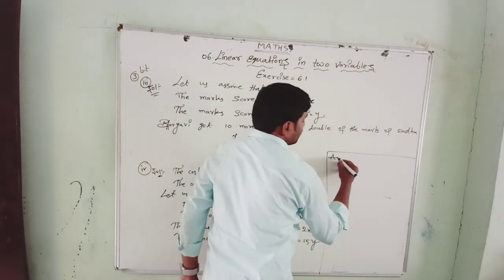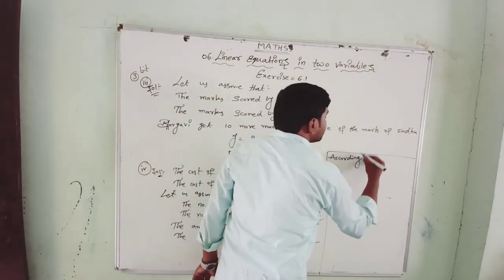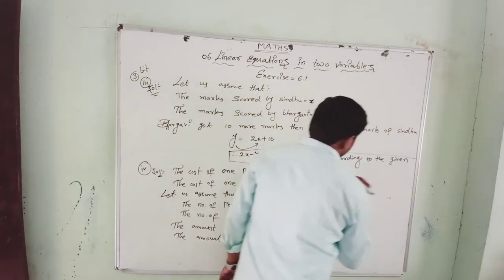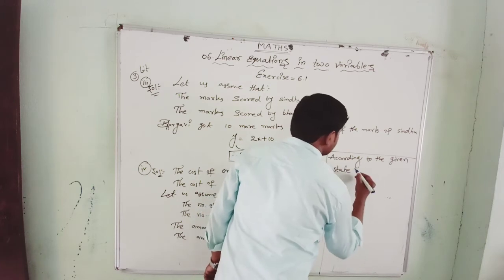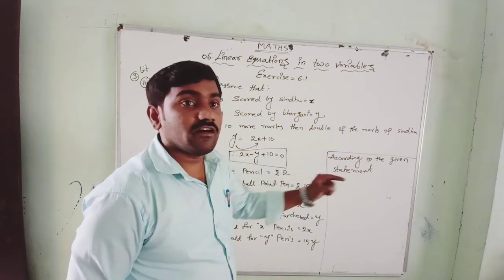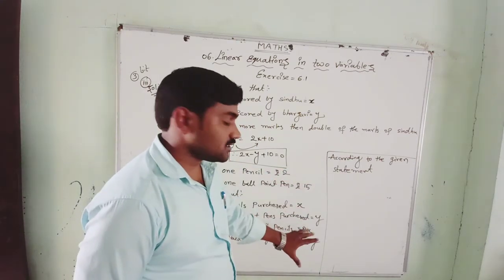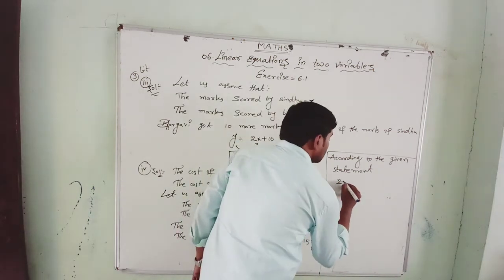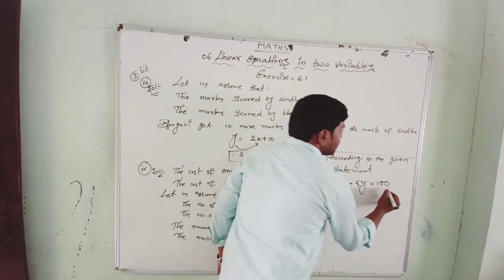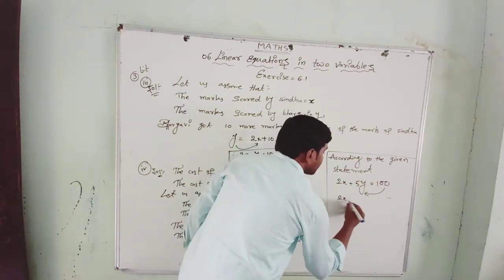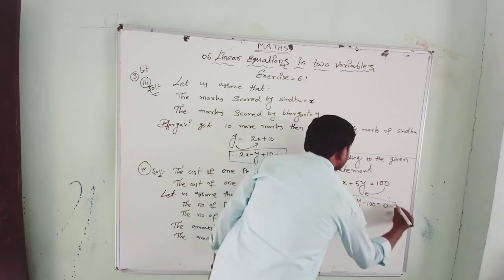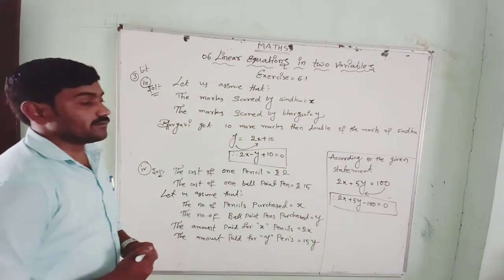According to the given statement, she paid 100 rupees for purchasing x pencils and y pens. That means she has paid 2x rupees for pencils, 15y rupees for pens, total 100 rupees she paid. So 100 you bring to this side, that becomes 2x plus 15y minus 100 equal to 0. This will be a linear equation in two variables form.